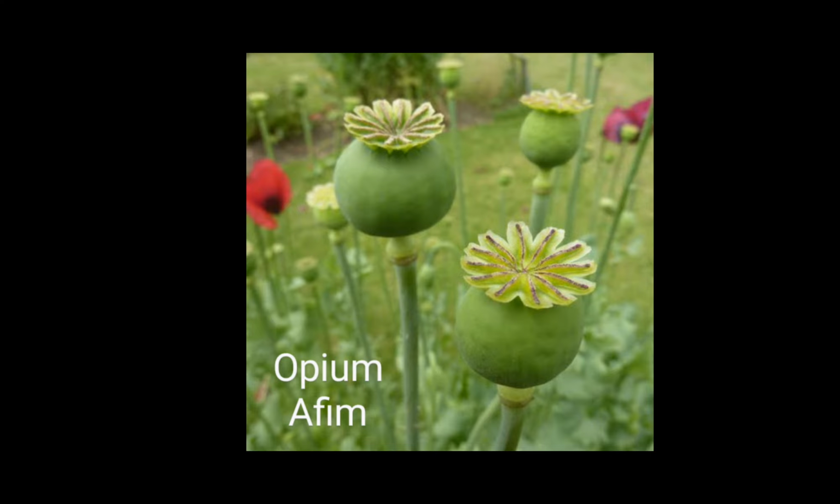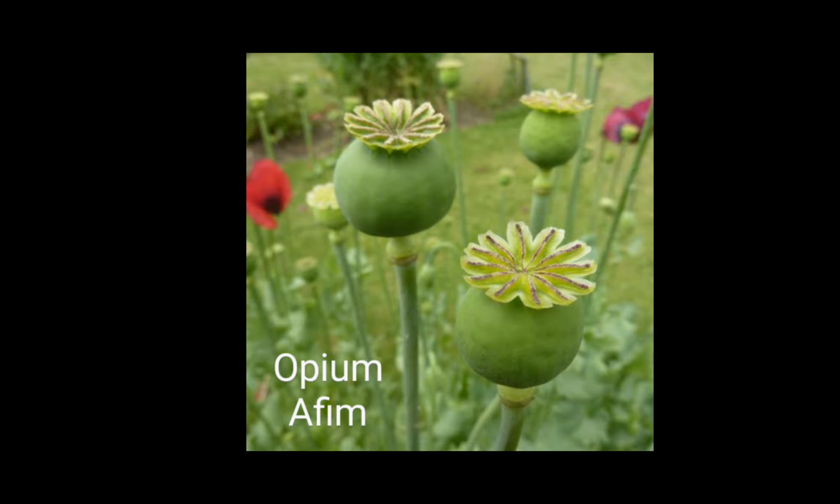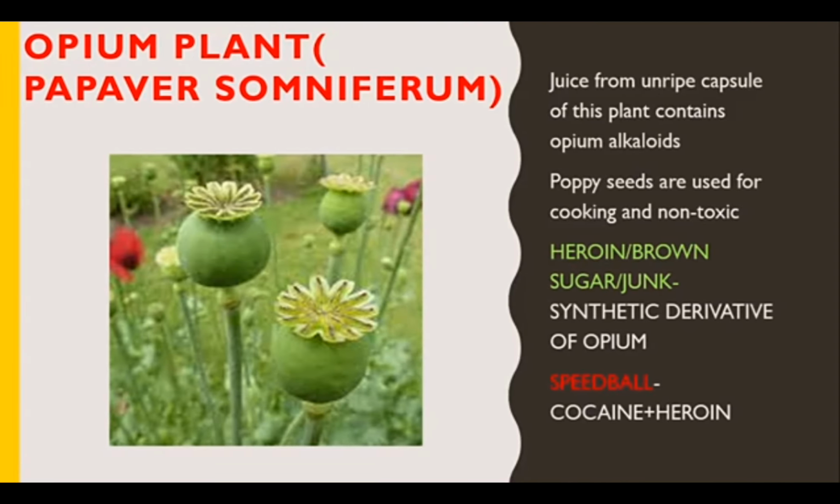Then next we have the opium. The opium has this appearance: a flower on top and a ball shaped mass below. Imagine it looks like a sweet laddu with a flower on top. That is opium, also known as afim. The opium plant is Papaver somniferum. Juice from the unripe capsule contains opium alkaloids. Poppy seeds are used for cooking and are non-toxic. Heroin is known as brown sugar or junk.